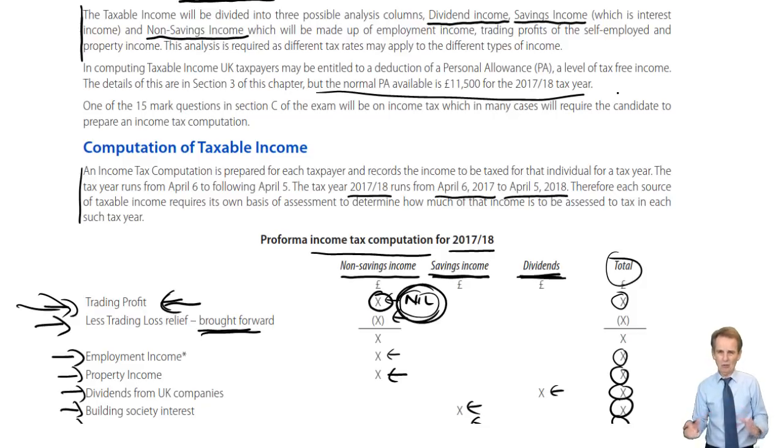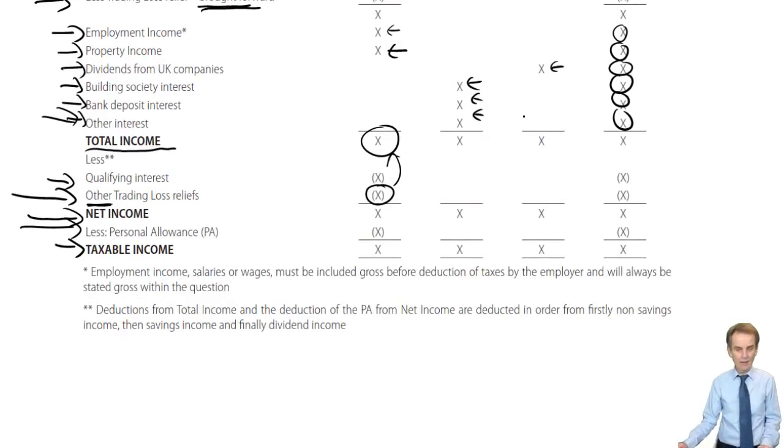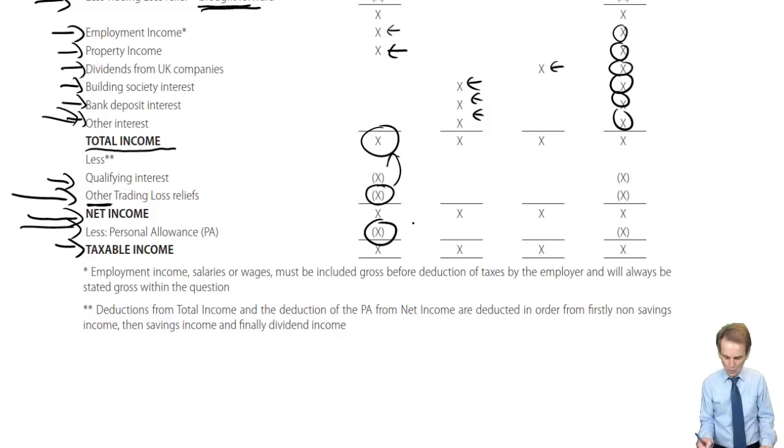Now, the vast majority of taxpayers will not only be entitled to, they'll get that personal allowance, and that will serve to reduce here their income. But of course, now having got our deductions of qualifying interest and other trading loss reliefs, as well as now the personal allowance, what you see here is that as well as, of course, going into your total income column, those deductions have firstly been made against your non-savings income.